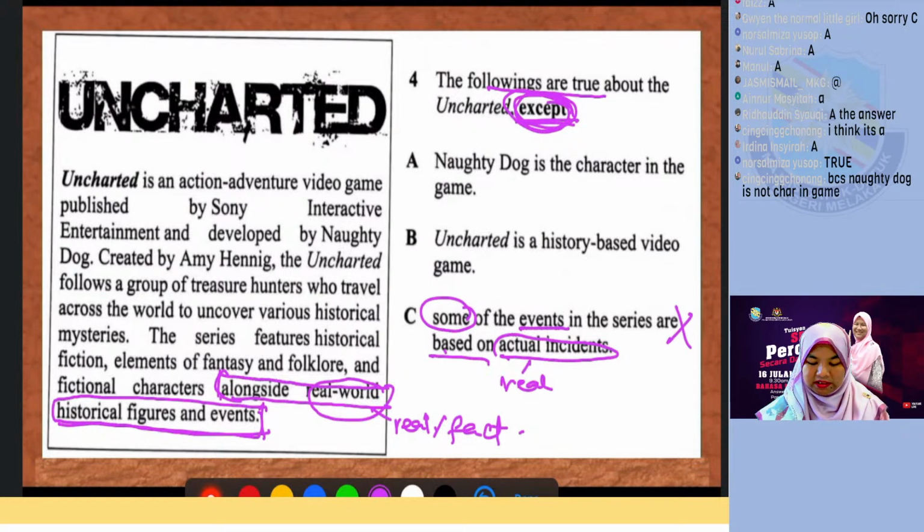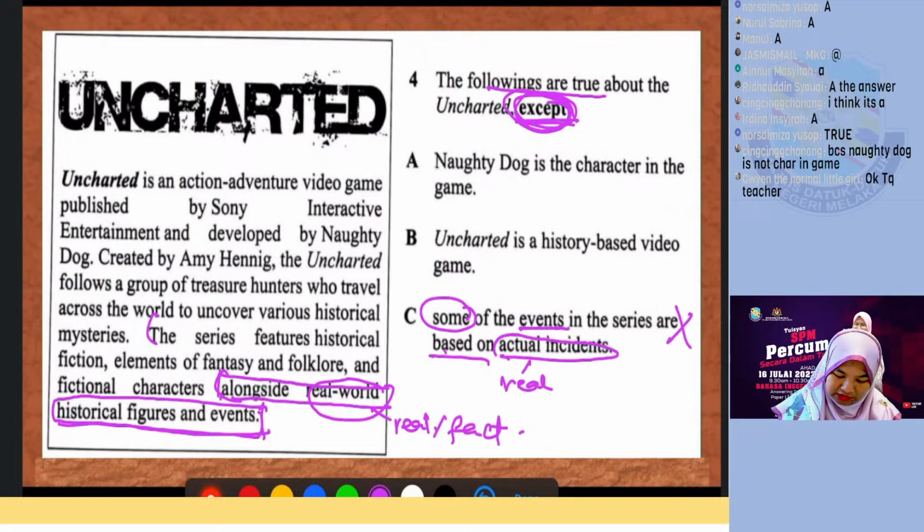B. Uncharted is a history-based video game. Is it history-based? Look here. The series features historical fiction. Most of it will be fiction. Fiction means something you created.